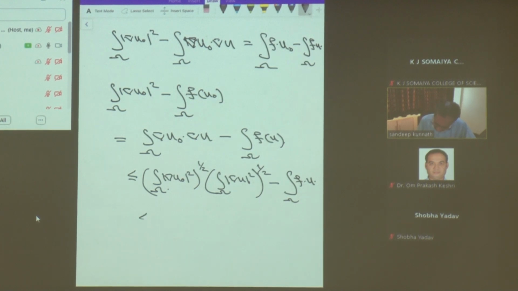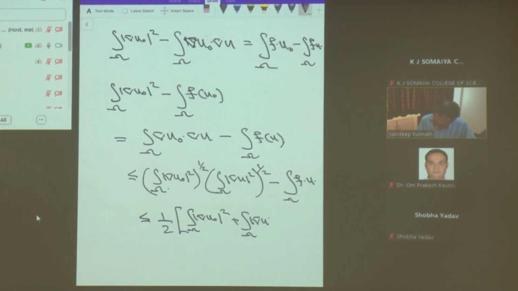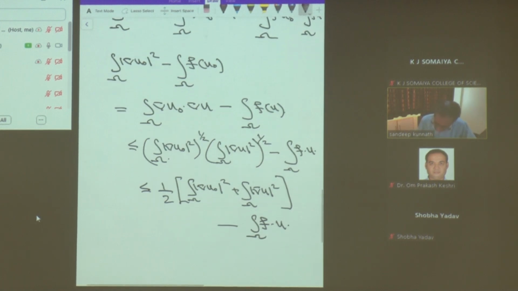So using that you will get this is less than or equal to 1 by 2 integral over omega of gradient of u naught squared plus integral over omega of modulus of gradient of u squared, then minus integral over omega of f into u. So once I have that, now you have a half gradient of u naught squared and a gradient of u naught squared.